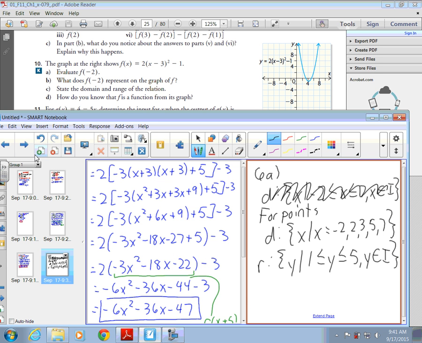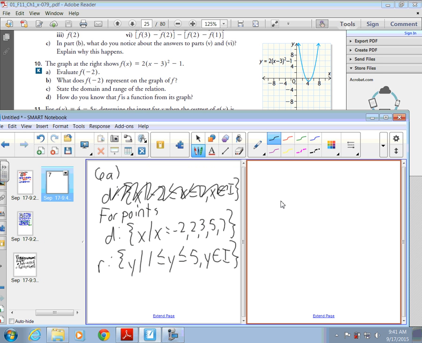So it says here, number 10, the graph of f of x: f of x equals 2x minus 3 squared minus 1. They want you to find f of negative 2. Okay, so there's my graph.